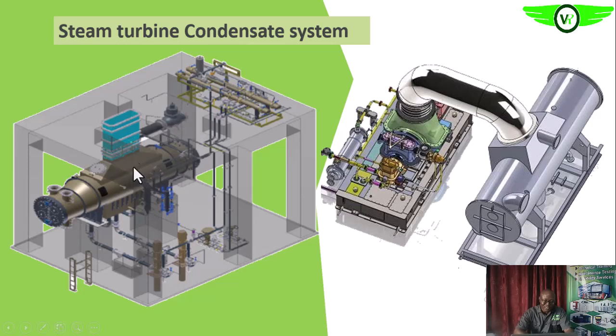So we have the condenser here, and then we have the cooling water pump into the condenser. So this is a brief overview of some of the problems that are associated with the operations of the steam turbine.